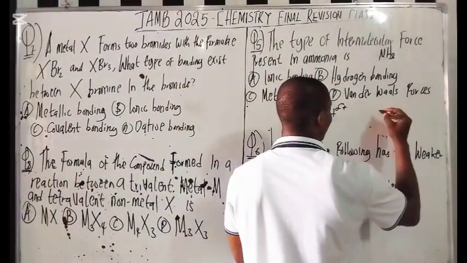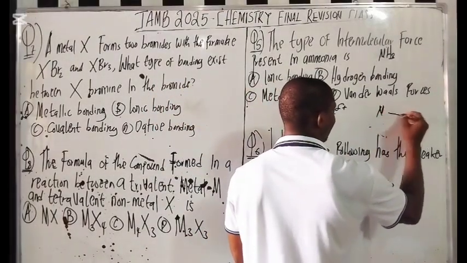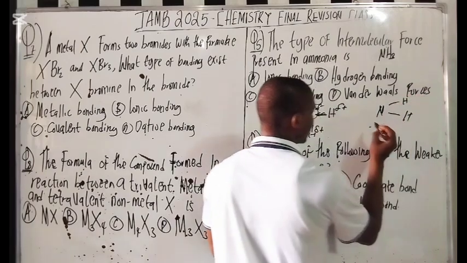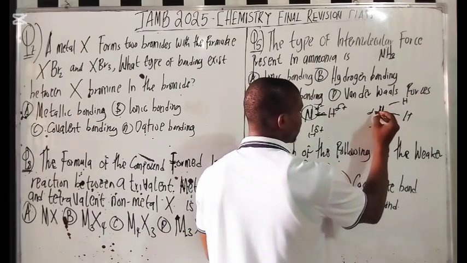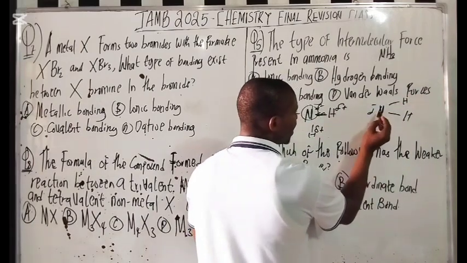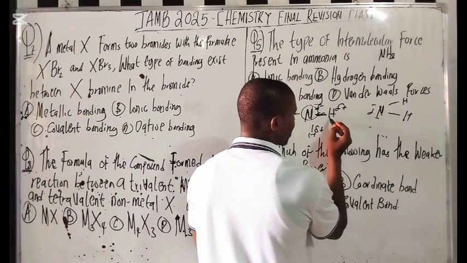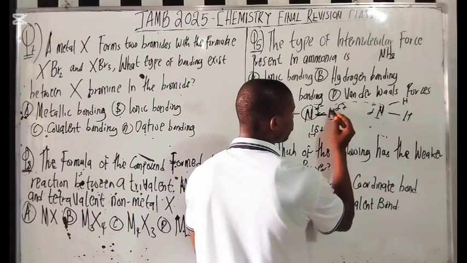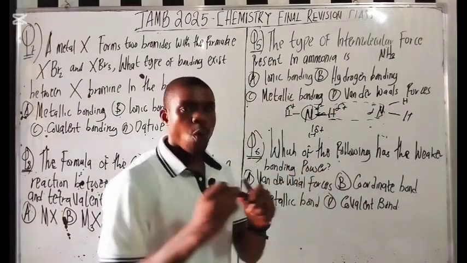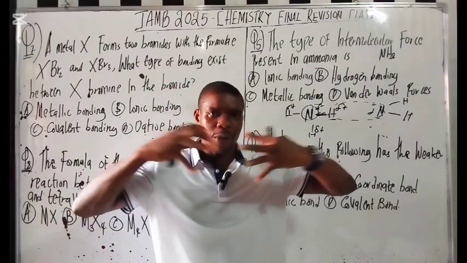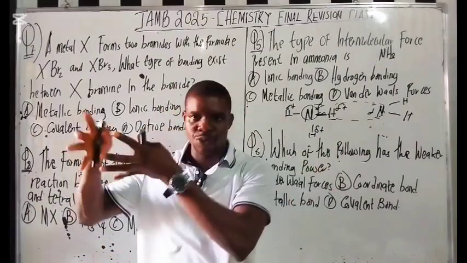If you look at another ammonia here, let's say nitrogen here, hydrogen here, here we become partially negative, right? The partially negative end and partially positive end will bond together here. So what holds 2 different molecules together is called hydrogen bonding.